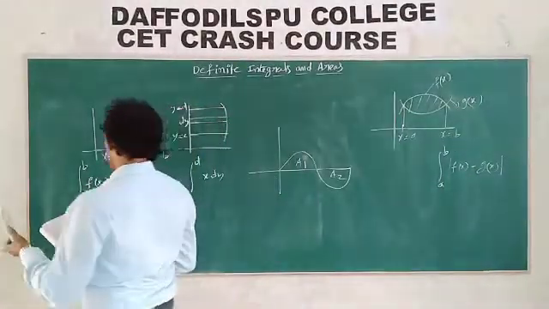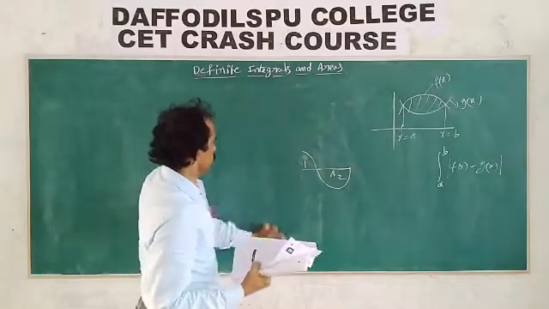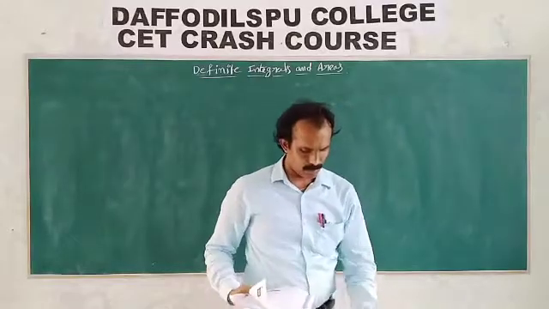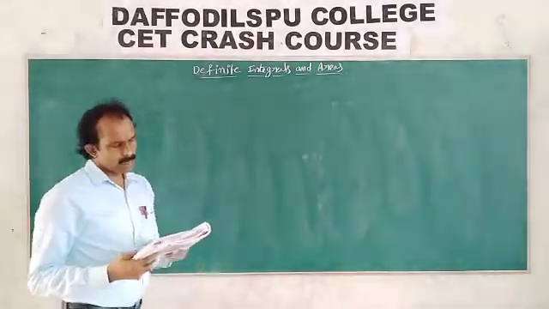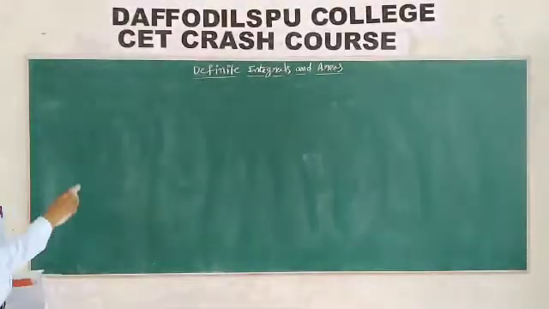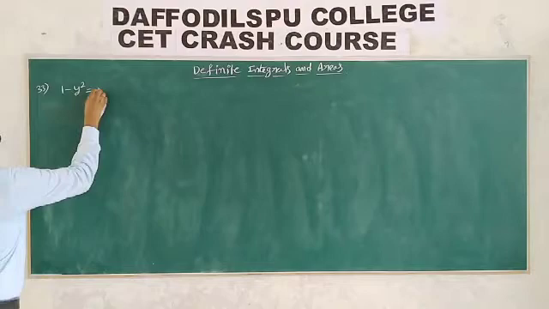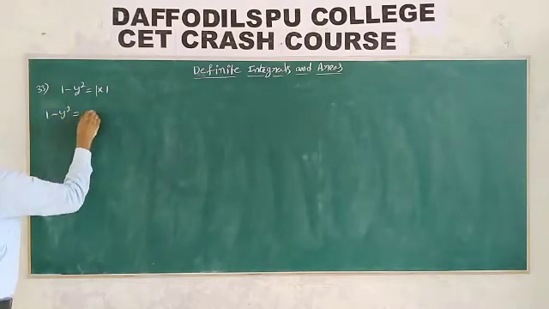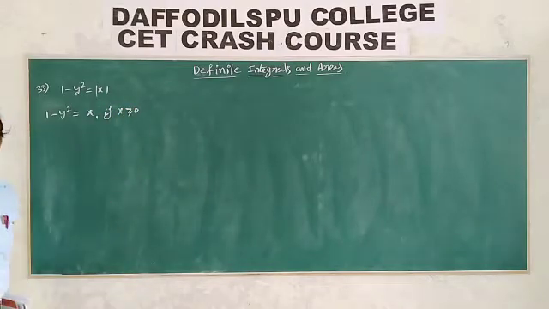Now, do the 33rd problem. Area of the region bounded by 1 minus y square is equal to mod x. Clear? Okay, this is 1 minus y square is equal to x if x is greater than or equal to 0.